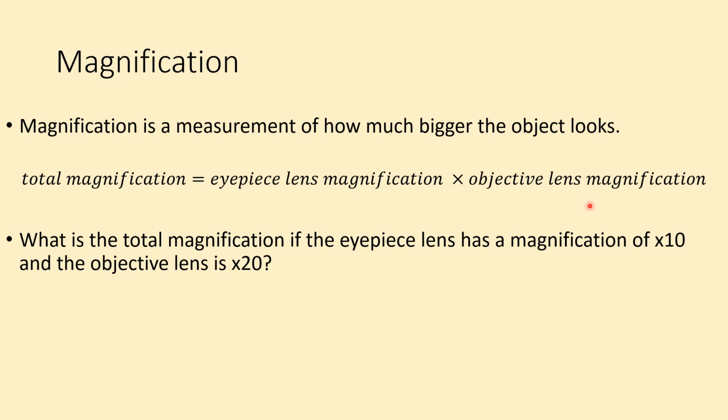What is the total magnification if the eyepiece lens has a magnification of times 10 and the objective lens is times 20? So remembering, we're timesing those together, so 10 times 20 is equal to 200. That means that your object is going to look 200 times bigger than it really is.